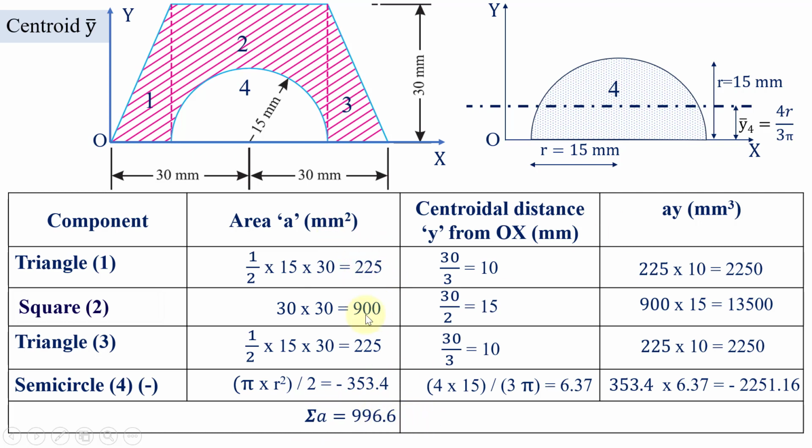So that means we have added these three values and subtracted this one from the rest of the values. Similarly, we are going to calculate the sigma AY here, which is 15,748.84 millimeter power cube. So here also we have subtracted this value from the rest of the values.